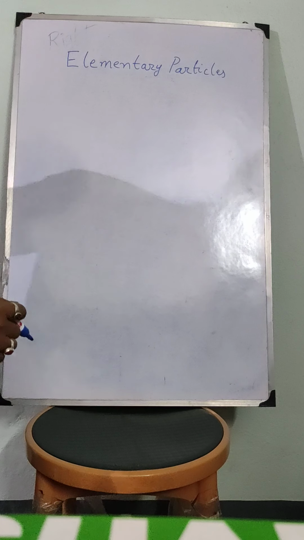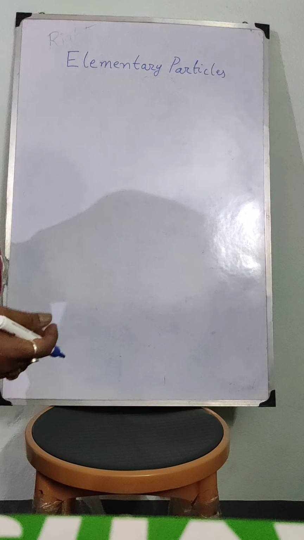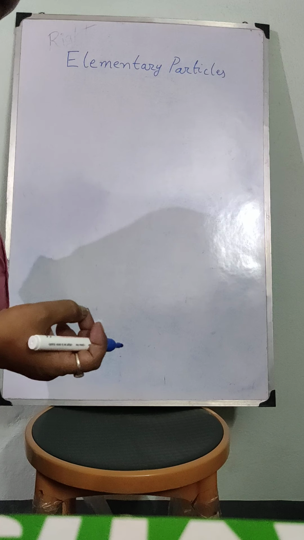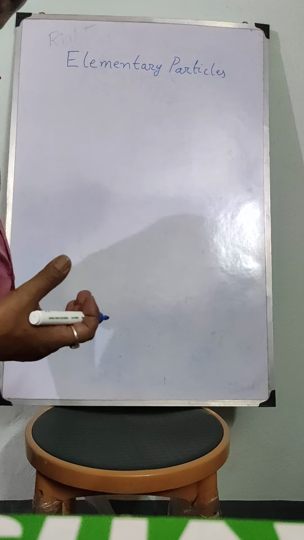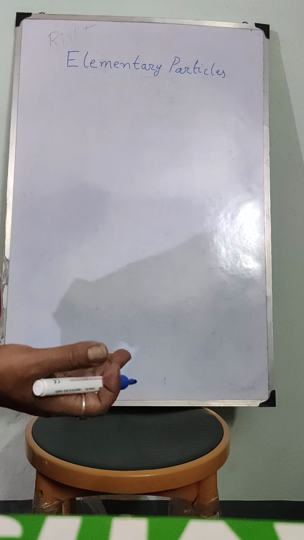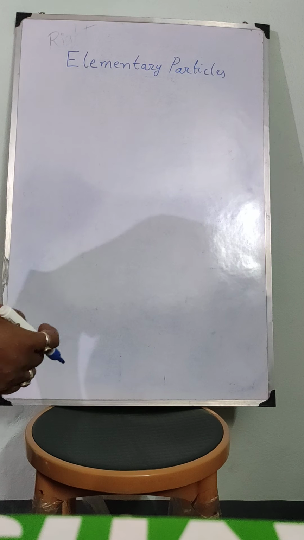Okay, so what is meant by elementary particle? A particle is said to be elementary if it has no substructure. That is, it is not made up of any other kind of particles.